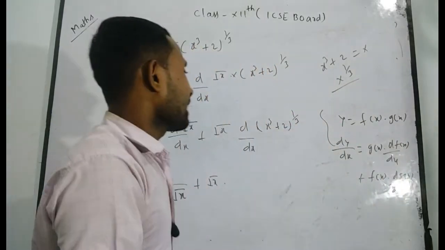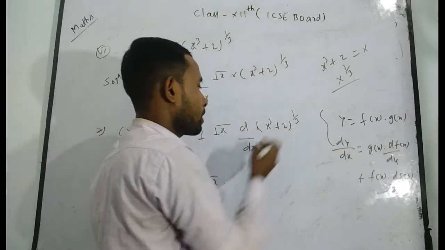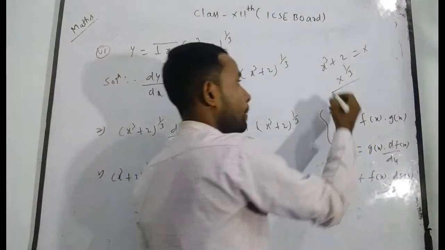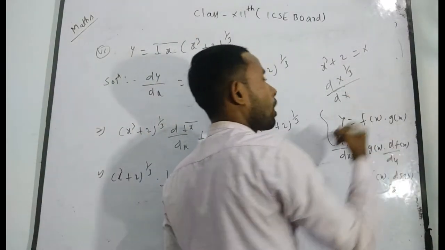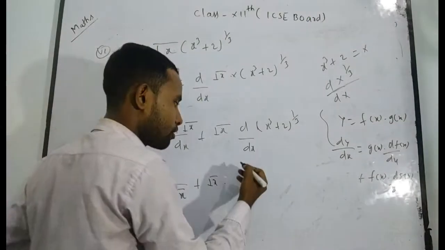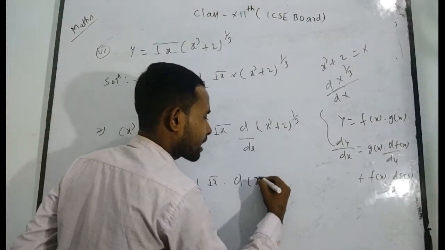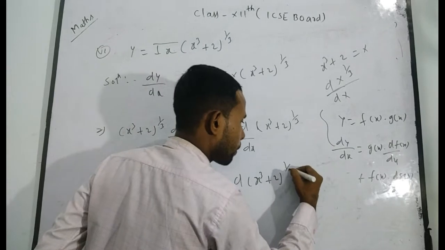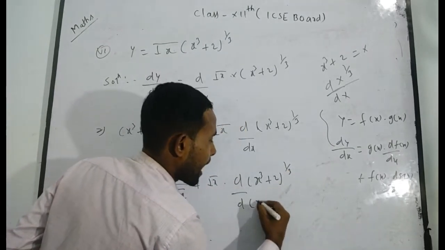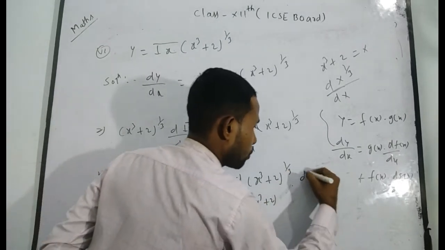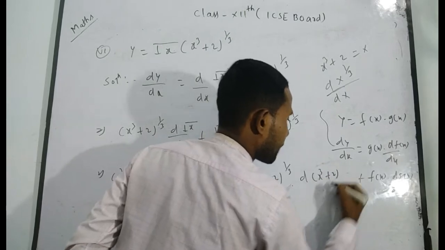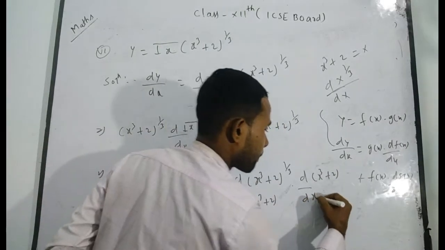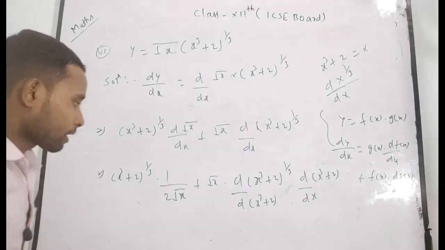As you know, this term cannot be differentiated directly with respect to small x. It can only be differentiated in the form of formula with respect to capital X. So I differentiate x cube plus 2 whole to the power 1 by 3 with respect to x cube plus 2, into derivative of x cube plus 2 with respect to x. I think you understand very well.